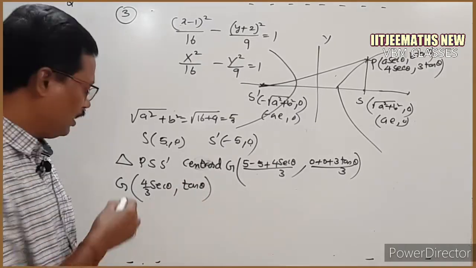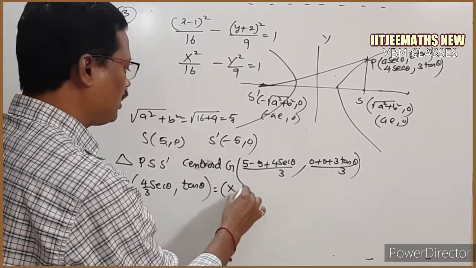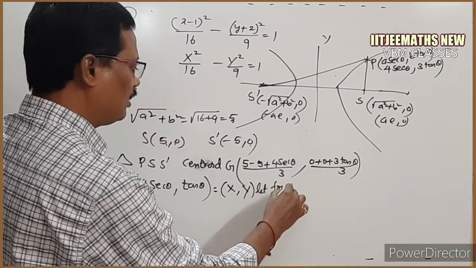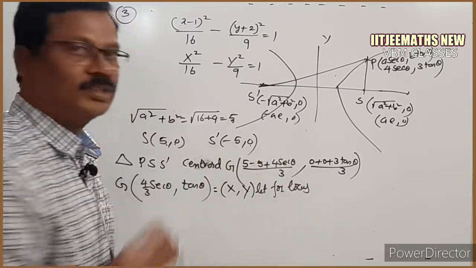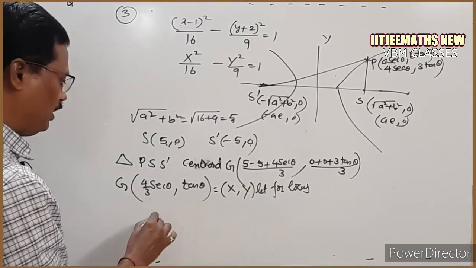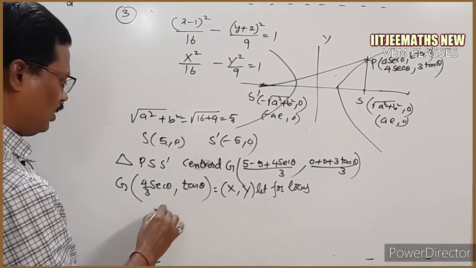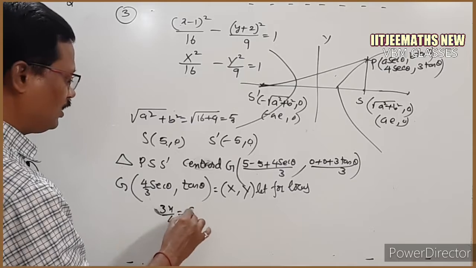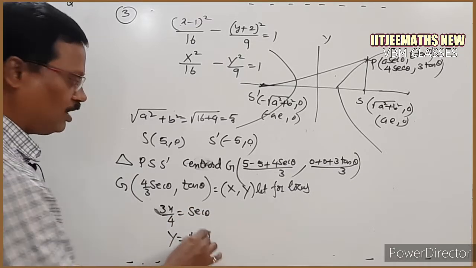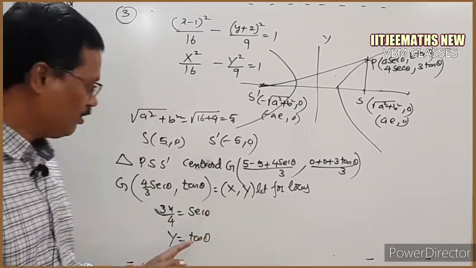Okay. Now we want this centroid locus. To find the locus, consider capital X comma Y. Now therefore, what about this? Compare the x coordinate. 3X by 4 is equal to sec theta and Y is equal to tan theta. Okay? By comparing the x coordinate and the y coordinate, we got like this.